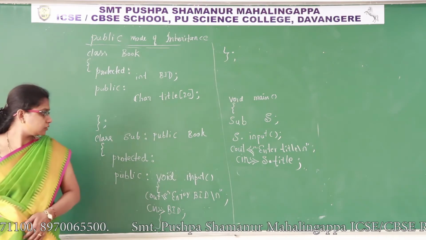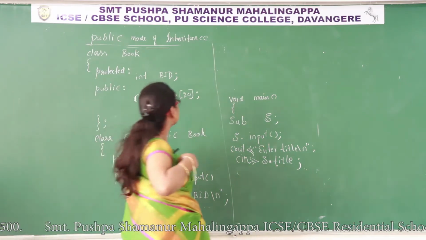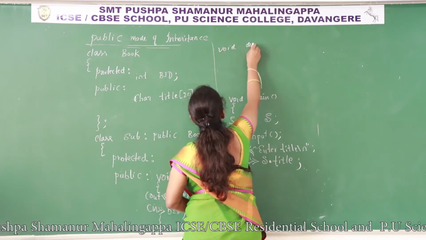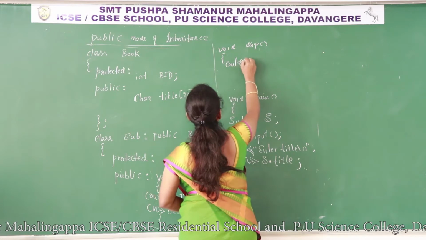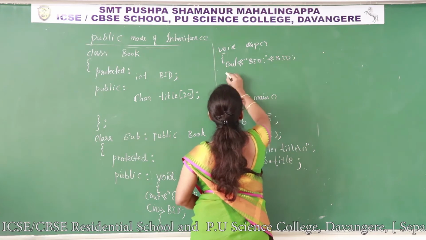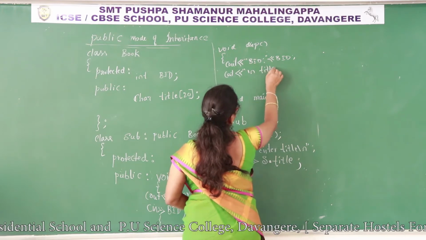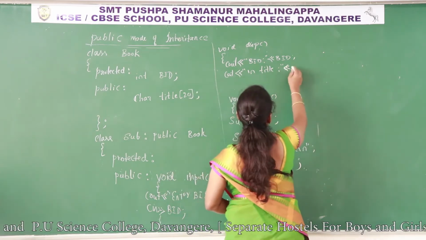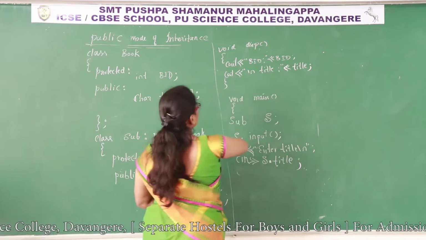I'll take one function here, the display function. cout, book ID is BID, cout, title. Function close, class close.